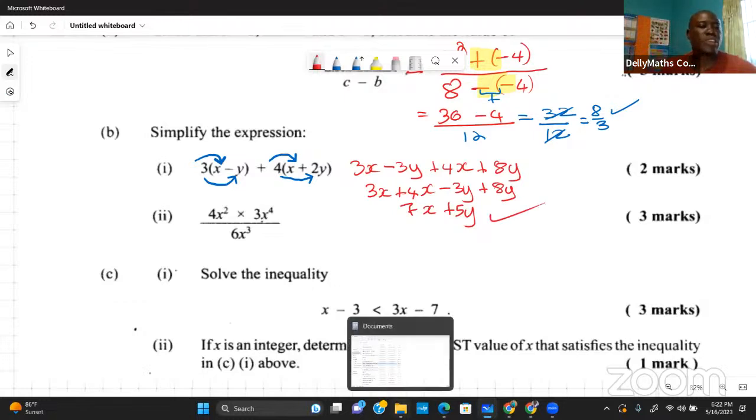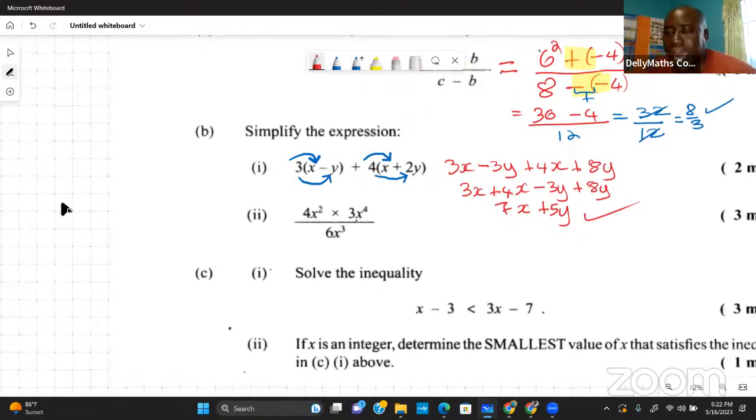And that's where you stop for that one right there. Remember that the x and the y cannot be added. Sometimes people want to go further. You cannot. You can only add or subtract terms that are alike, and what makes them alike would be the same variable.